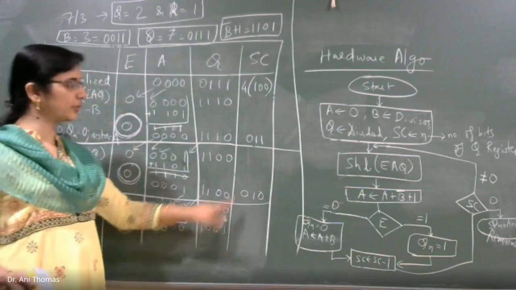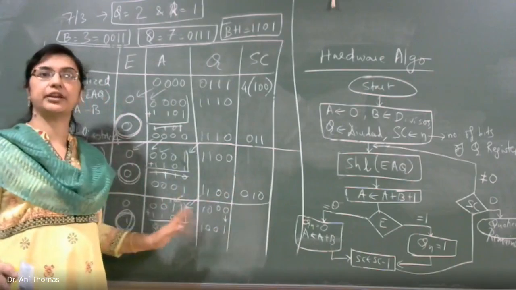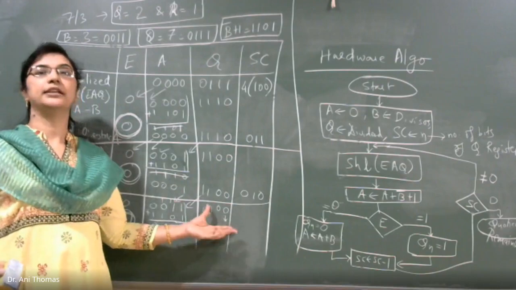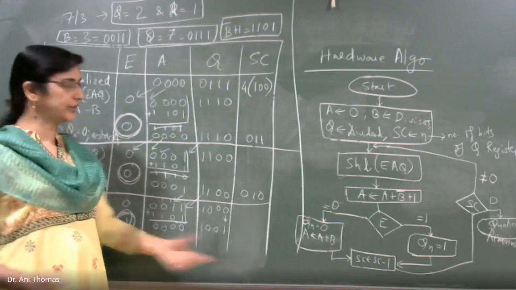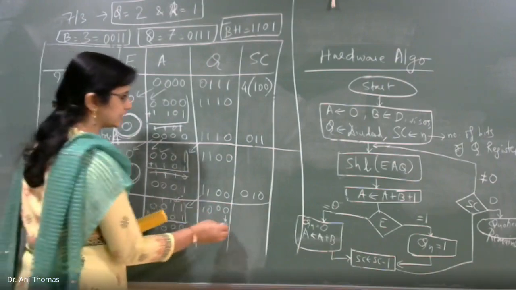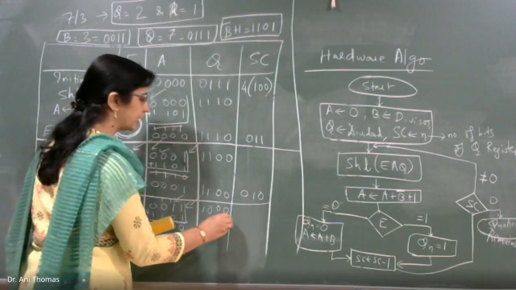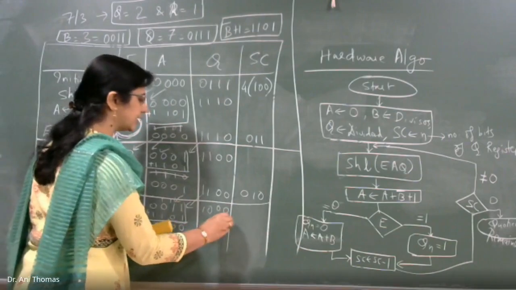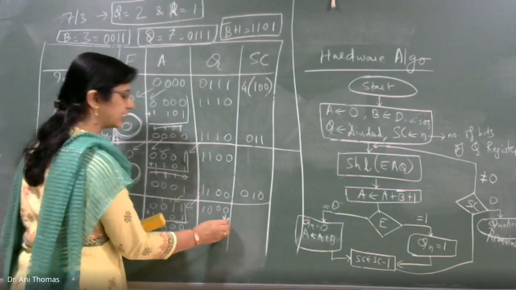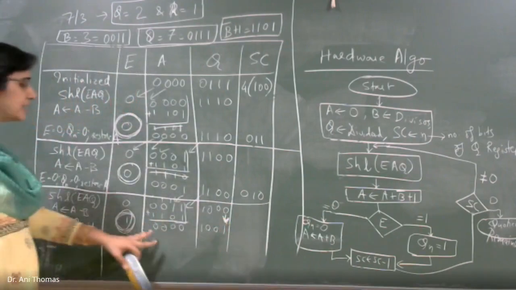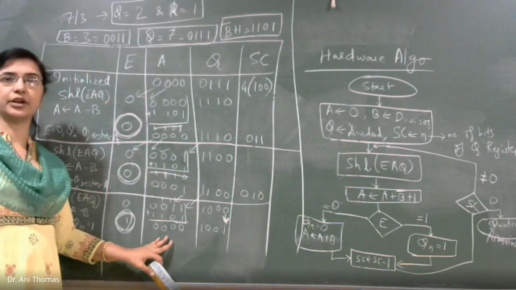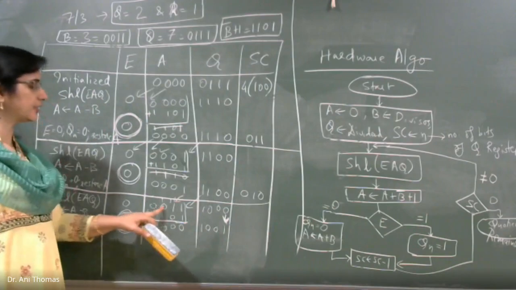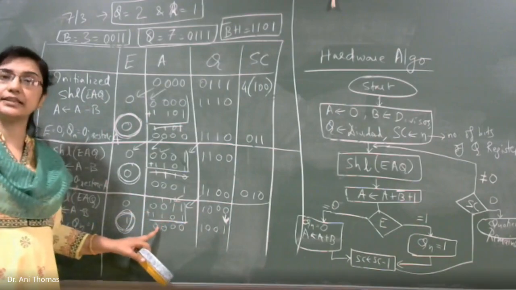This 0 we inserted when we were doing shift left. Now we are changing that 0 to a 1. So this is the major change you have to see, that 0 has been changed to 1. And we will not restore the value 0011 now, since E is equal to 1.